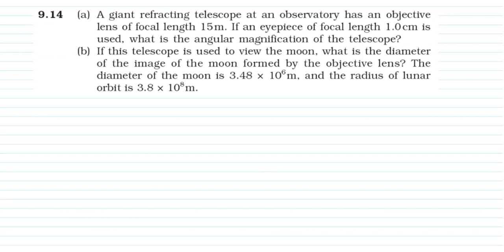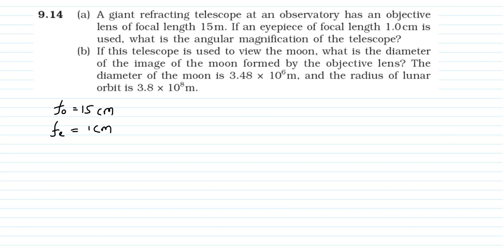A giant refracting telescope at an observatory has an objective lens of focal length 15 centimeter. That is, here you can say FO is equal to 15 centimeter. If an eyepiece of focal length 1 centimeter, that is FE is equal to 1 centimeter, is used, what is the angular magnification of the telescope?